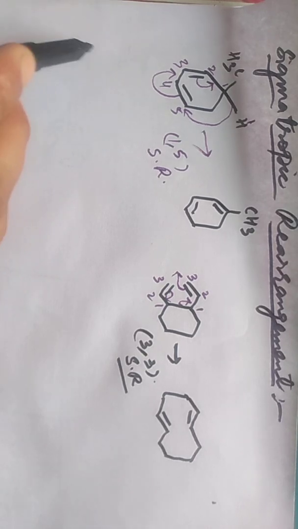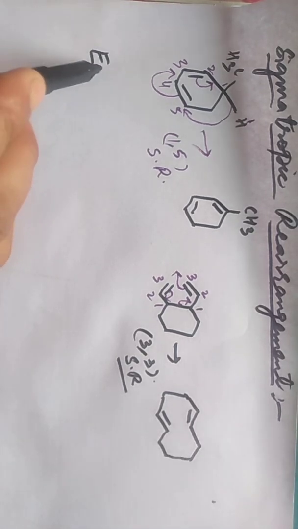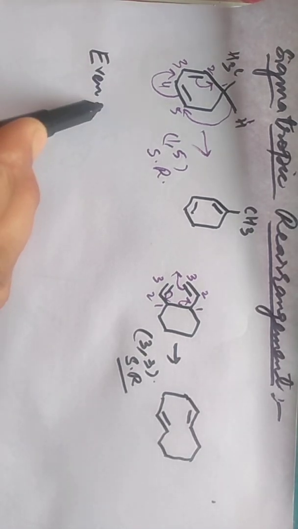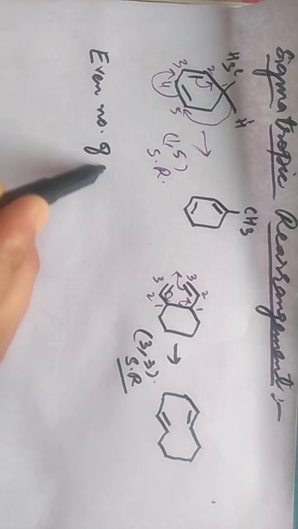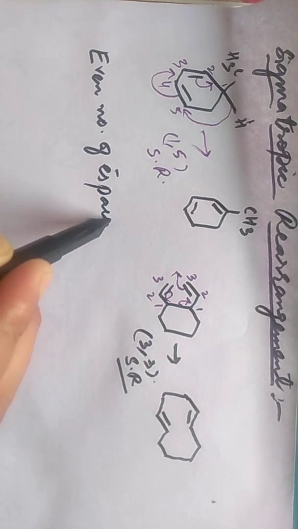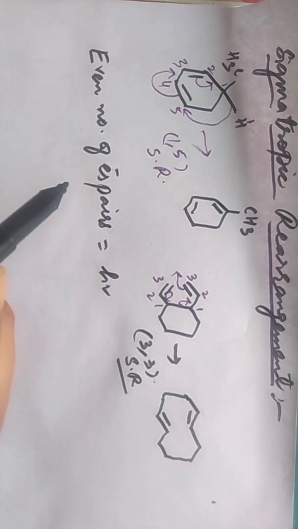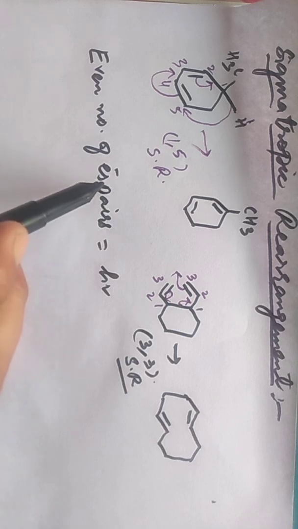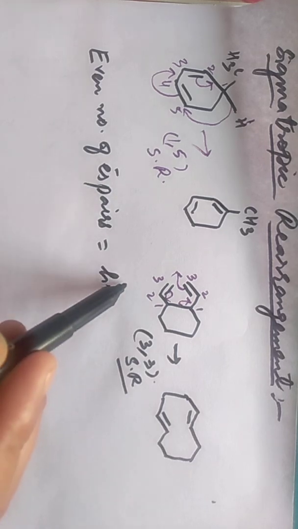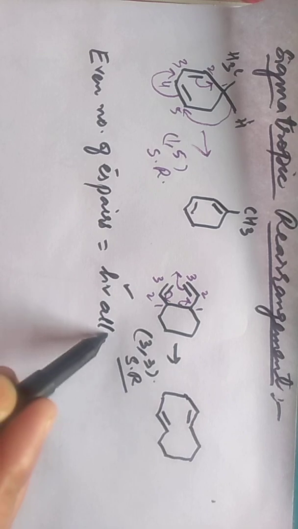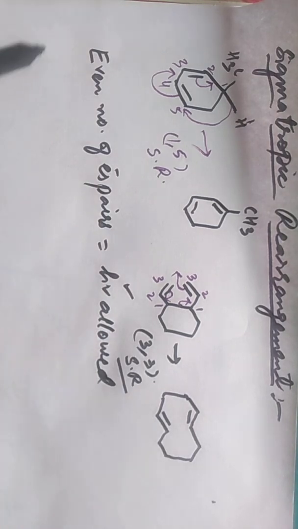If there are an even number of electron pairs in the molecule, then the reaction is photochemically allowed.